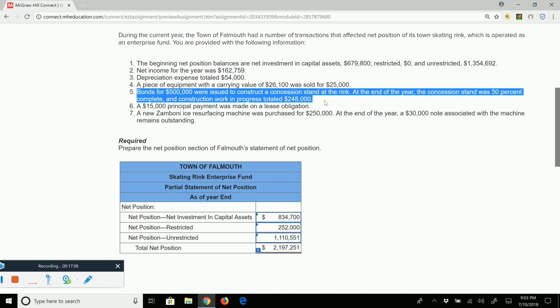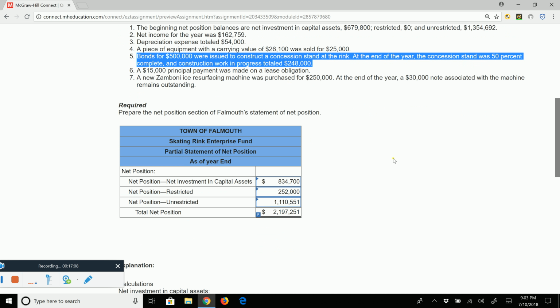Number 5. I will admit number 5 is probably the more complex one in this entire particular problem. What we have here is bonds for $500,000 were issued to construct a concession stand at the rink. At the end of the year, the concession stand was 50% complete, and construction work in progress totaled $248,000. So we were halfway done with the construction.